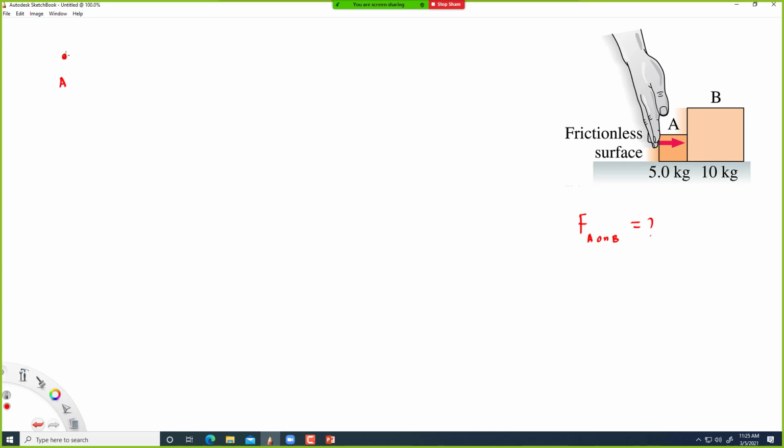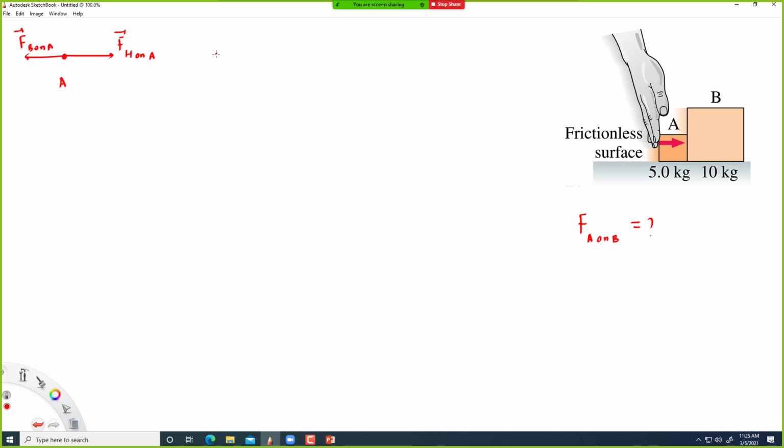So there is the force of hand on A, and there is also the reaction force of B on A. All we care about here is the forces that are being exerted on A, not the other forces.